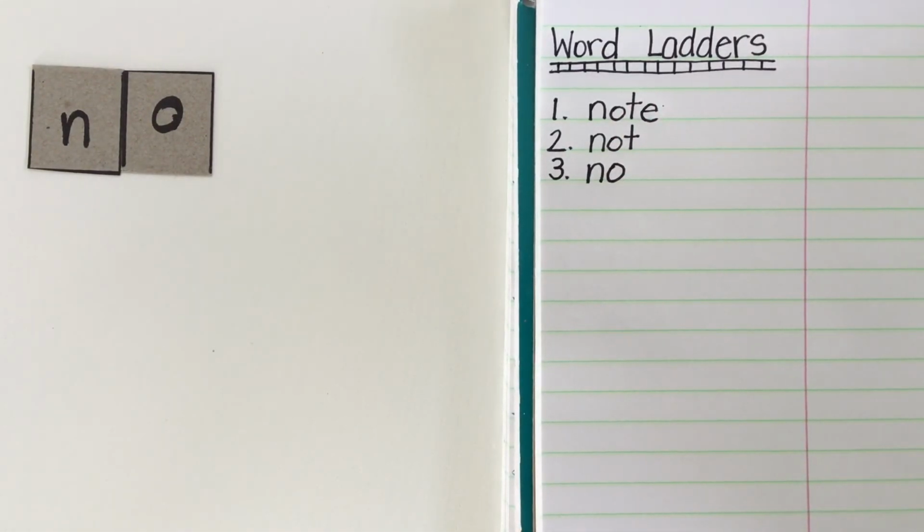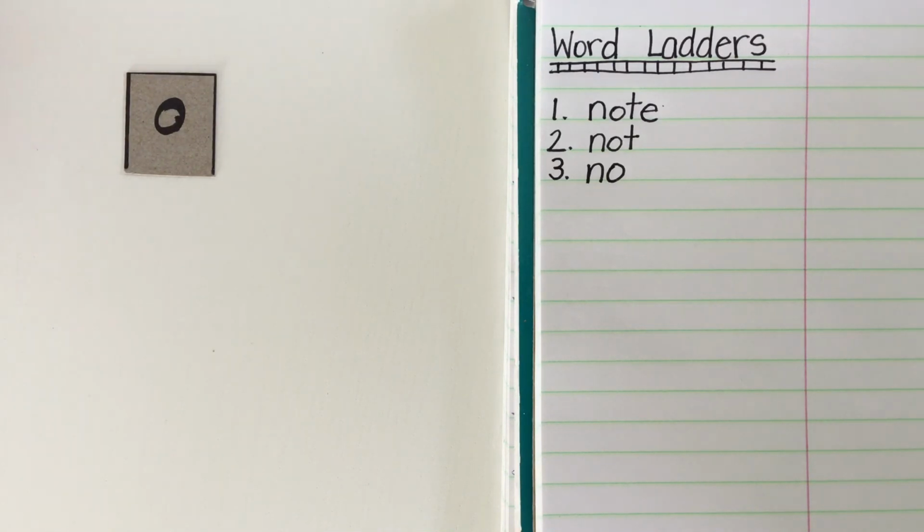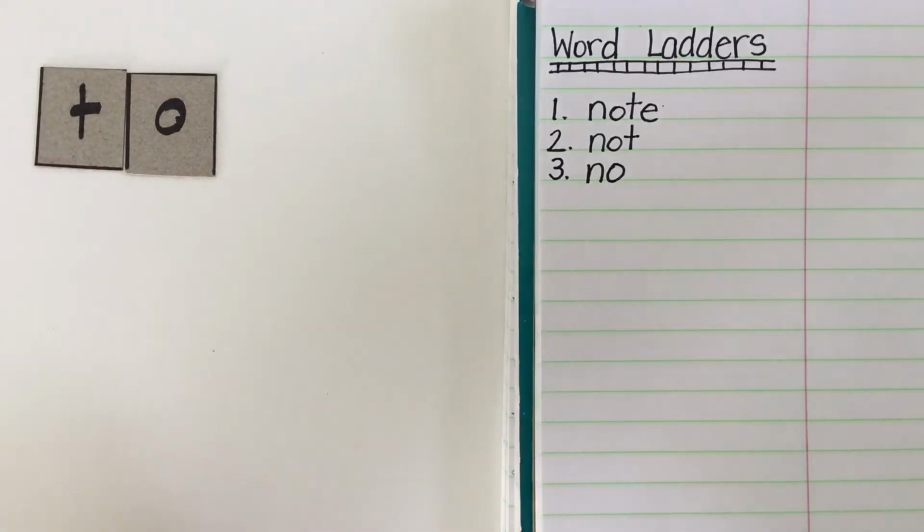Now I'm going to try switching a letter. All right, well, when I have a look here, if I wanted to switch a letter, let's see. I could switch and make the word. I used that T before, but I think I'm going to use it again. I'm going to write the word to.